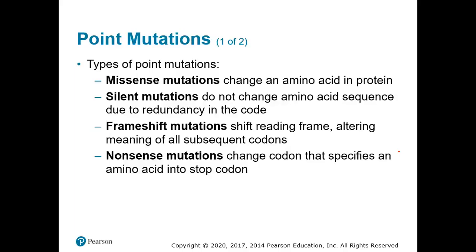This boils down to redundancy. Remember, we can have 4 different codons code for the same amino acid. We also have frame shift. These are going to shift our reading frame, which we'll see what that means, but it's usually either an insertion or a deletion of a base in a series that's not a series of 3. We also have nonsense mutations, which are going to change a specific amino acid into a stop codon.